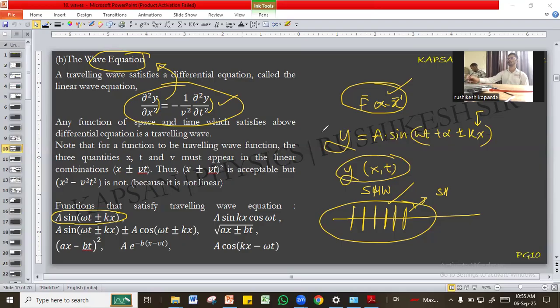So this is a very special case of wave function. This is wave equation. All wave functions must satisfy this equation. These are wave functions.